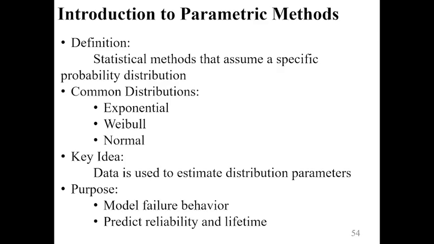Parametric methods are widely used because they provide powerful and interpretable models, but they rely on the assumption that the selected distribution accurately represents the underlying data, and this is an issue for this kind of method.